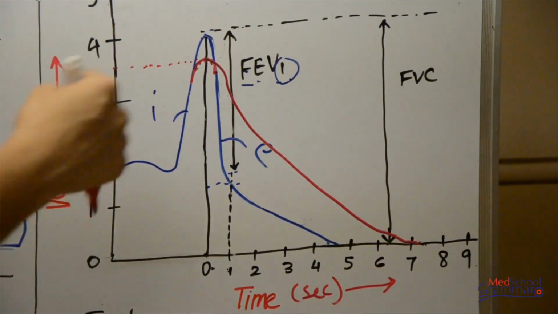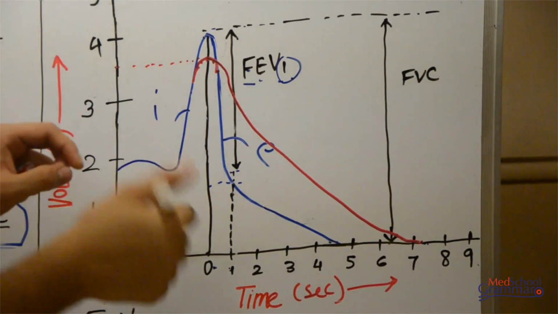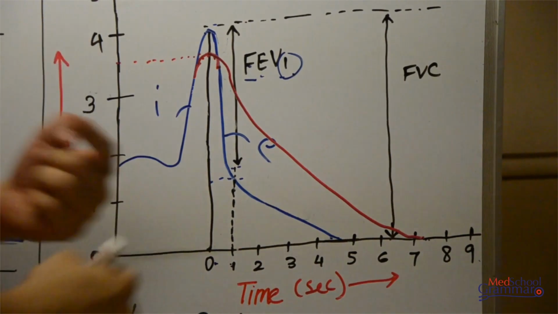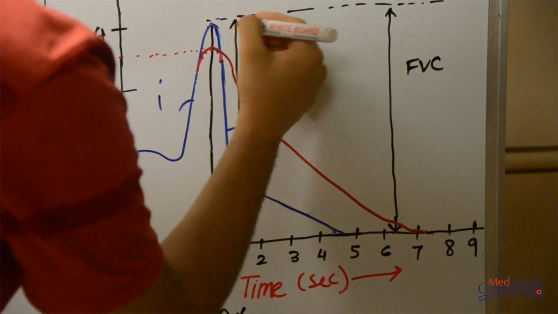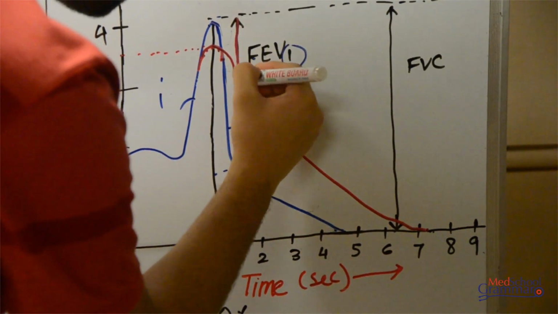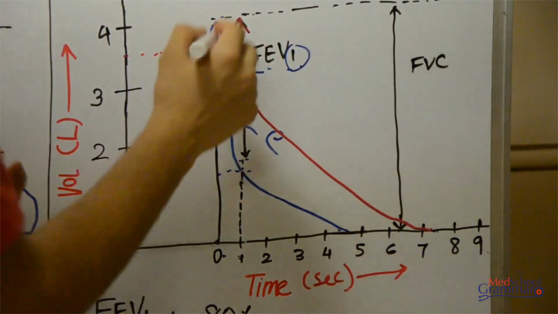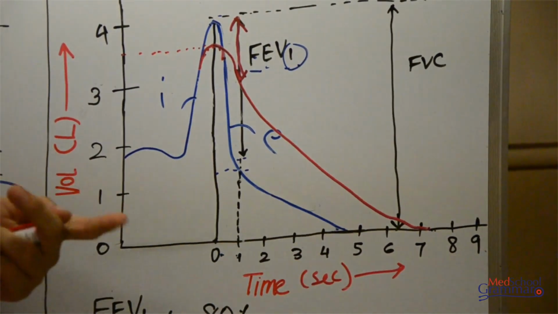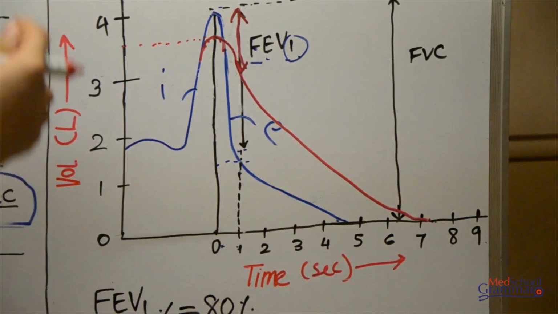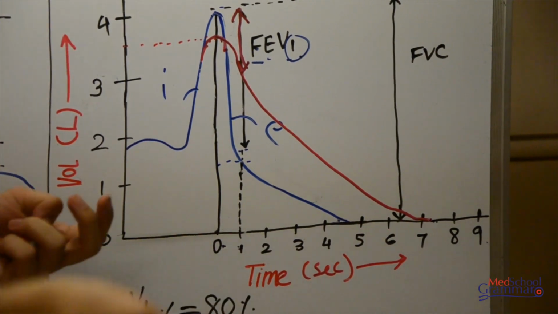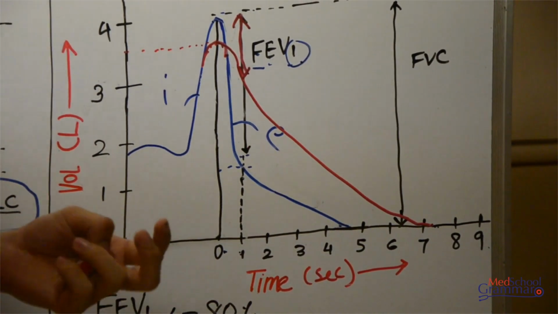And if you notice carefully, the amount of air expired in the first second has also decreased. That is this FEV1 has also decreased. That means the percentage of air expired from the air present has decreased.